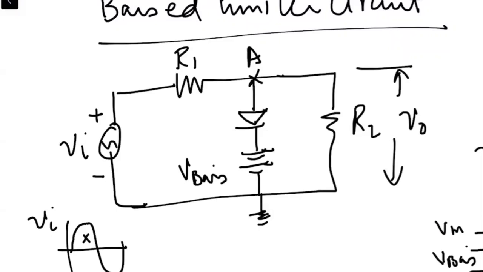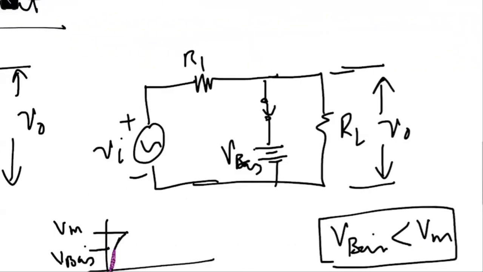And once the diode has the transition from the off state to the on state, this means that the switch will become closed. When the switch becomes closed, this means that at point A, the voltage is now equal to V bias.